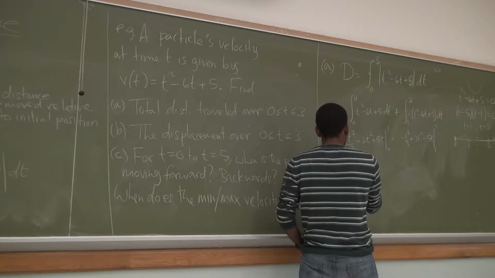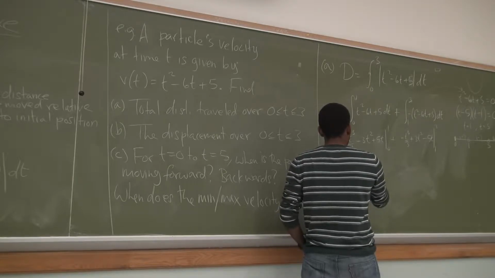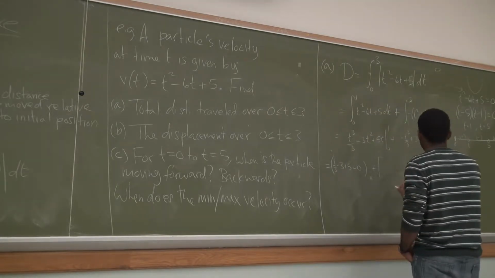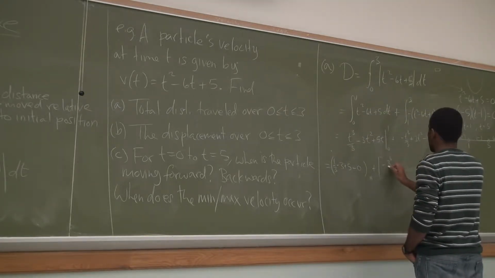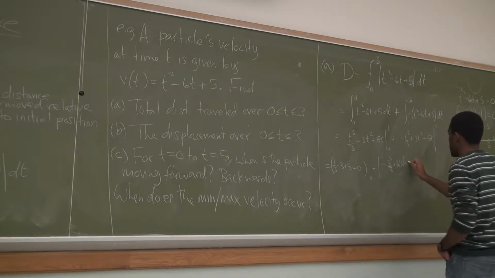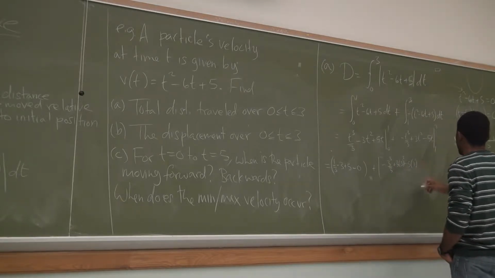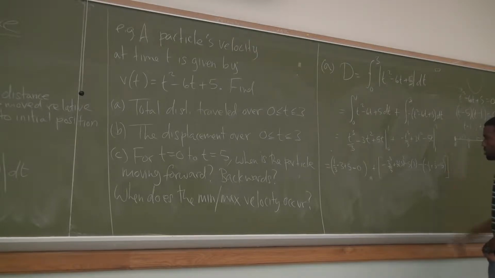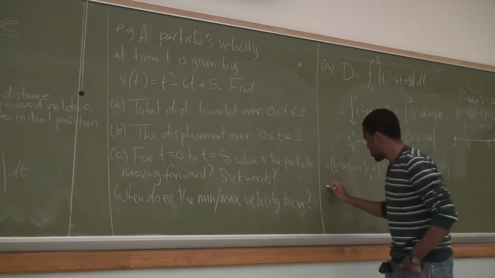So this would give us 1/3 minus 3 plus 5 minus 0, plus minus 3 cubed over 3 plus 3 times 3 squared minus 5 times 3, minus, right, and then we just compute this.